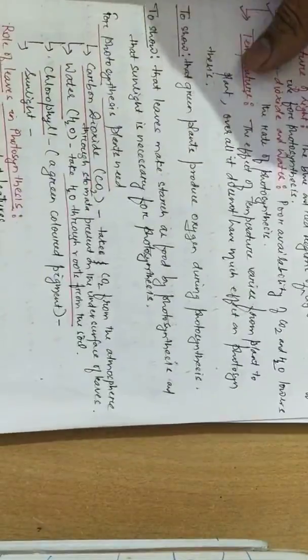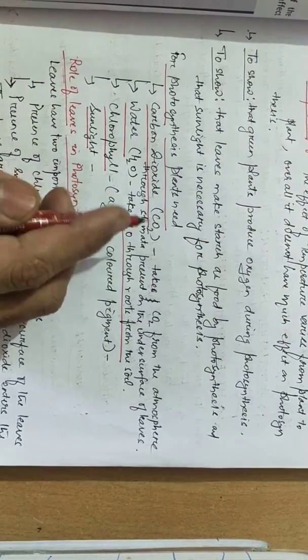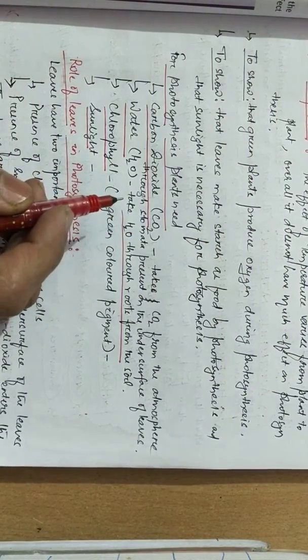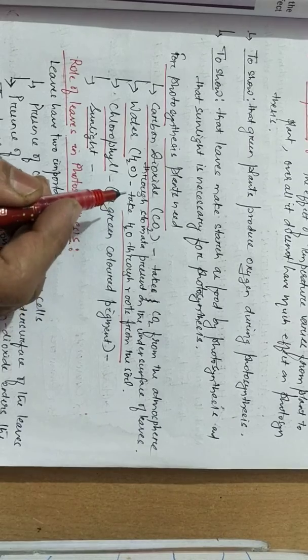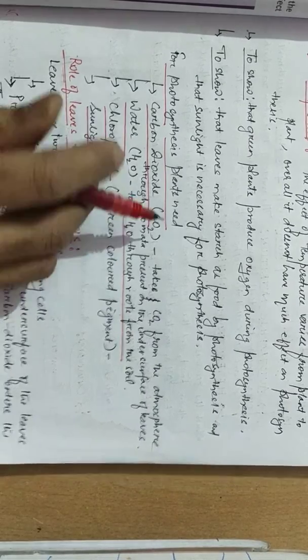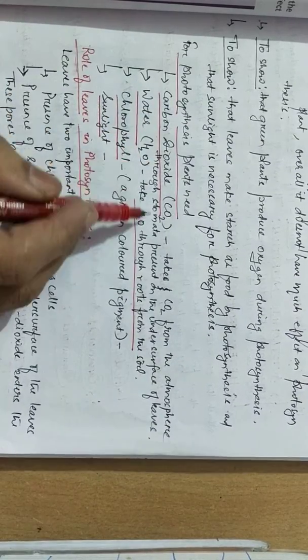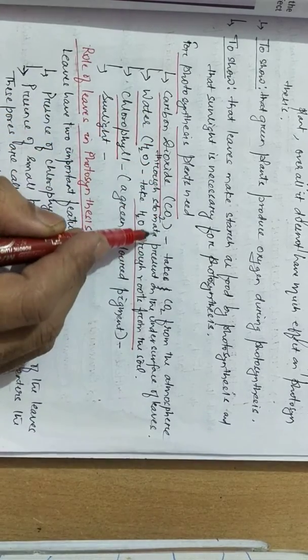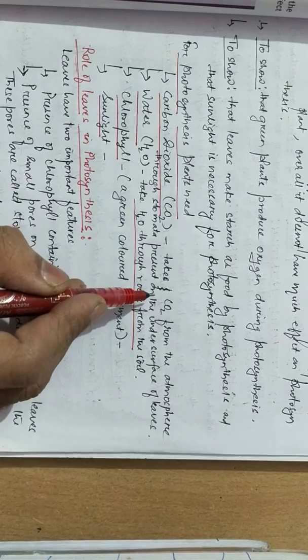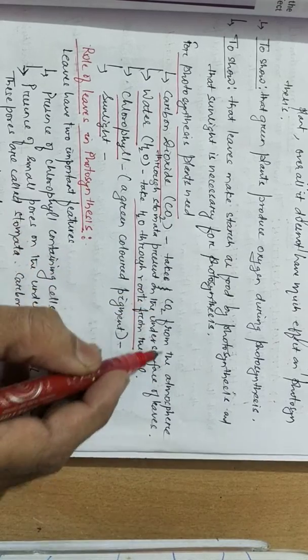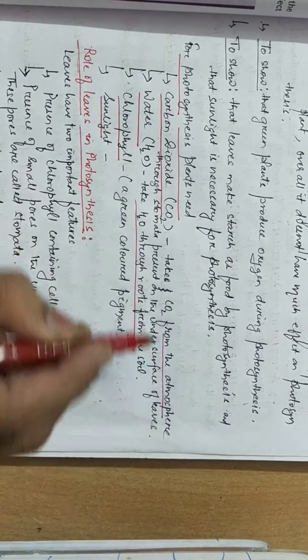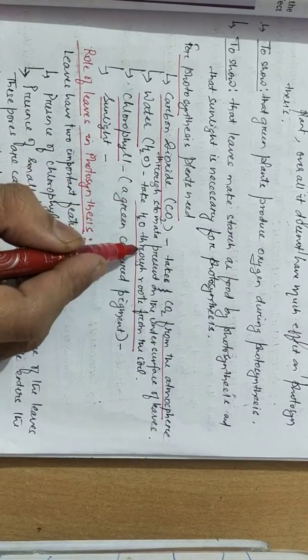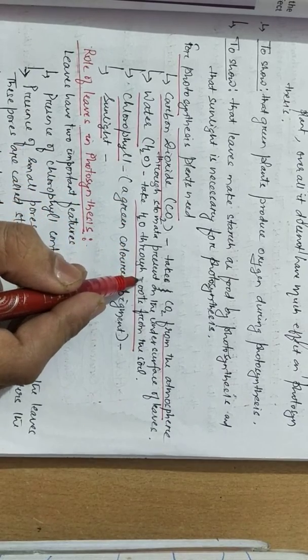Now we are going to discuss the raw materials and the role of leaves in photosynthesis. For photosynthesis, plants need carbon dioxide. And from where do they get the carbon dioxide? They get the carbon dioxide from the atmosphere through the stomata present on the undersurface of the leaves.